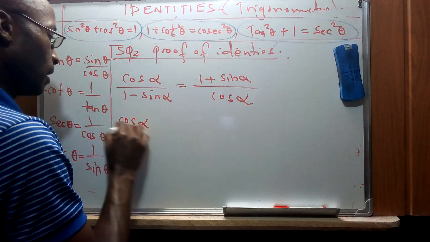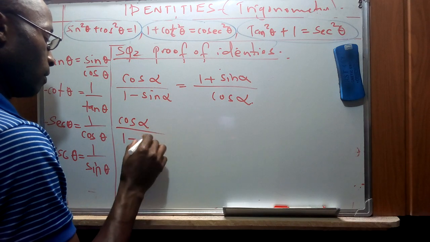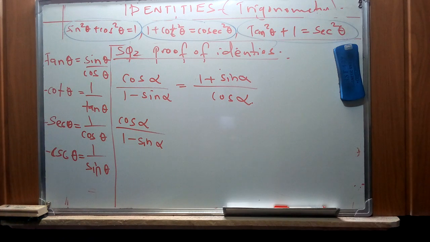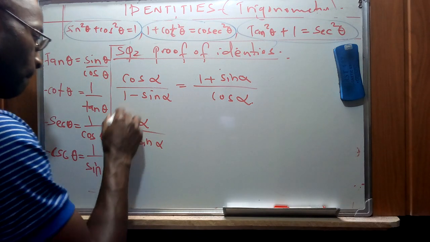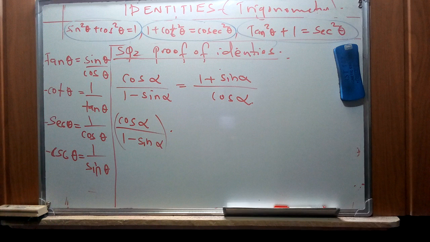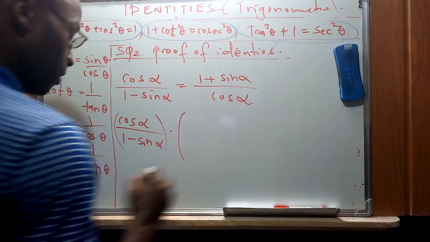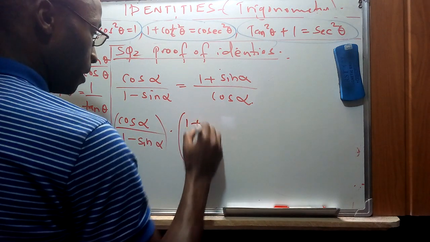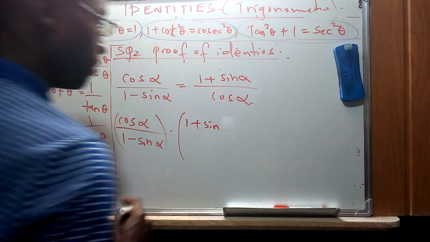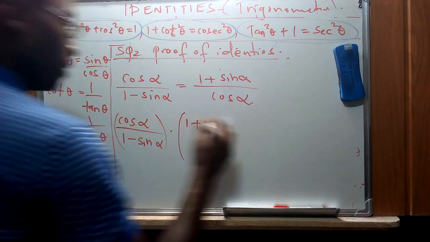So we will write this one as cosine alpha all over 1 minus sine alpha, and then we can multiply this by 1 plus sine alpha. This is basically equivalent to multiplying an expression by a coefficient on both sides. If I multiply by 2 and divide by 2, it's just the same as 1.